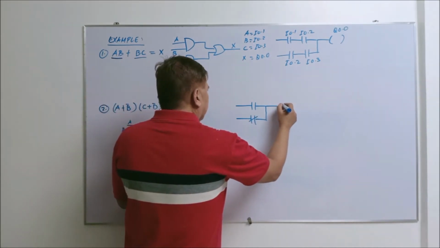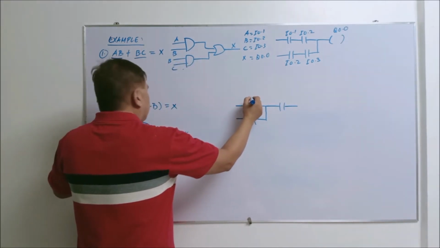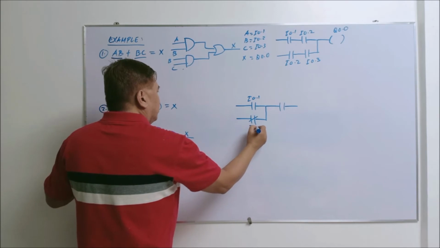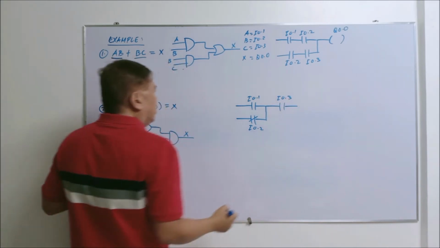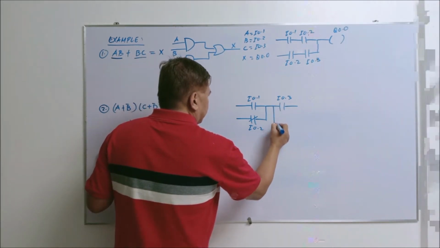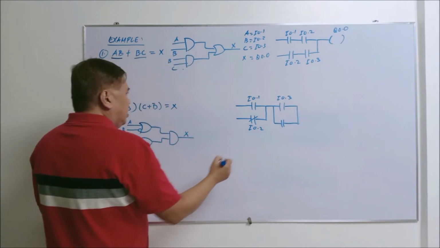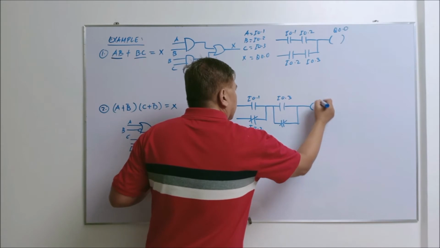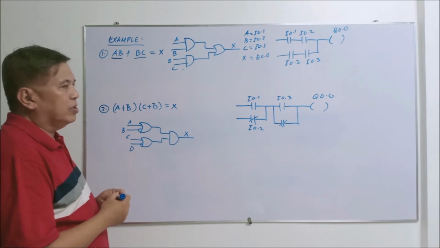So you have a parallel connection again with C. So this is your A, which is I 0.1, and this is your B, which is I 0.2, and let's say C is I 0.3, and then the other one, this is your D, which is normally closed, and then you have final output X, that is Q 0.0. So that will be your representation.